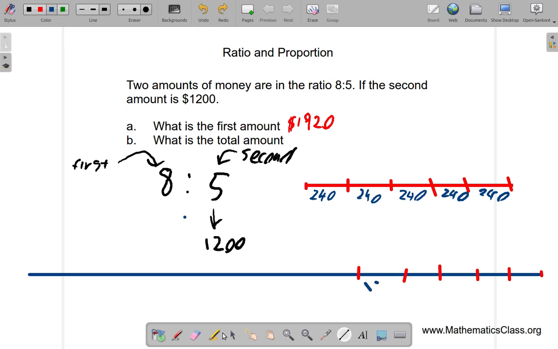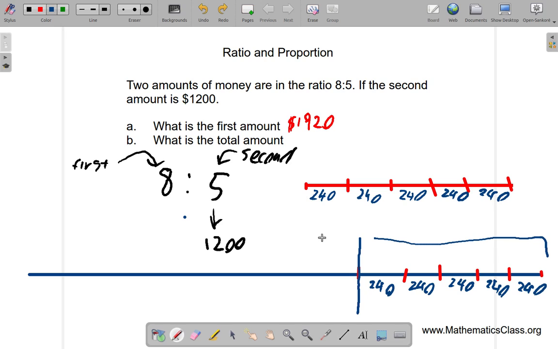So it's 240 for this section, 240 for this, 240, 240, 240. So you have 1, 2, 3, 4, 5 parts, 240. And all of this makes up the second money. Alright, everything here makes up the second part of the money.